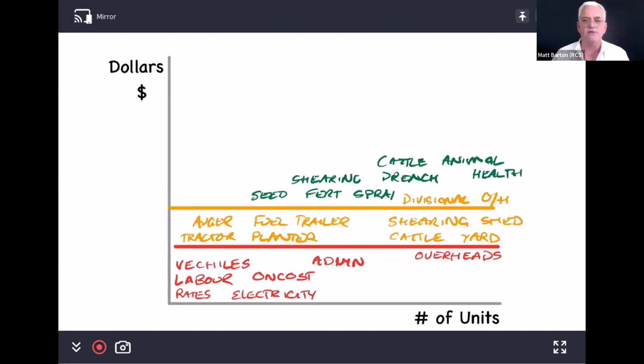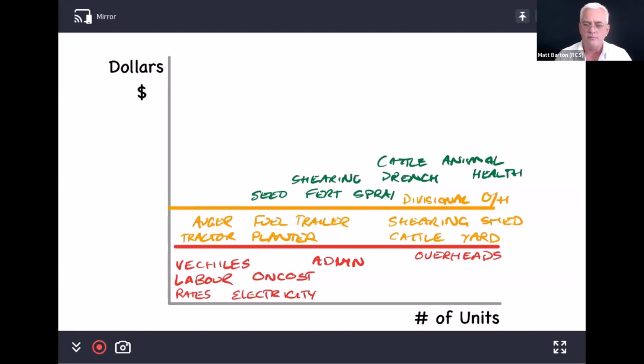You'll notice with these costs that they become part and parcel of how many you run. So with the seed and fertiliser, those costs will increase as the hectares of cropping increase. With the shearing, the more sheep you have, the higher the shearing cost will be because it's done per head. The cropping's done per hectare.